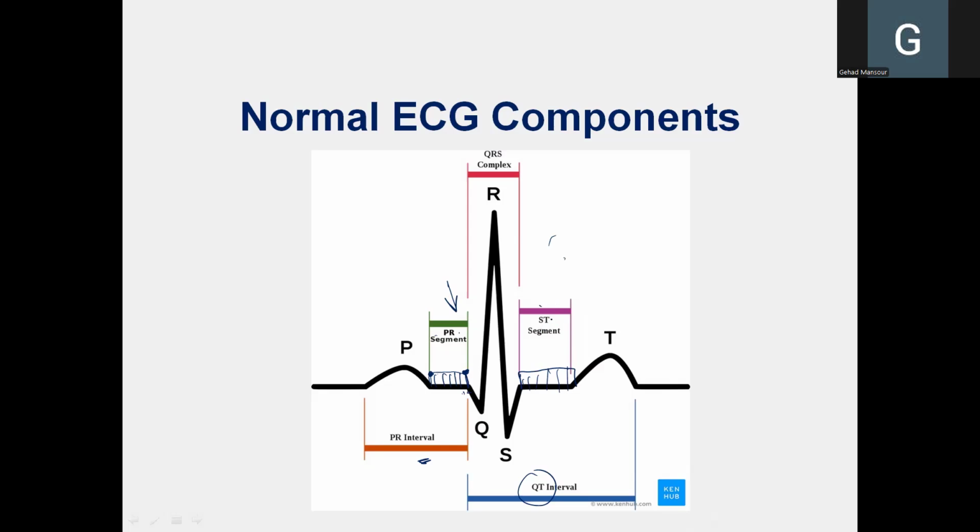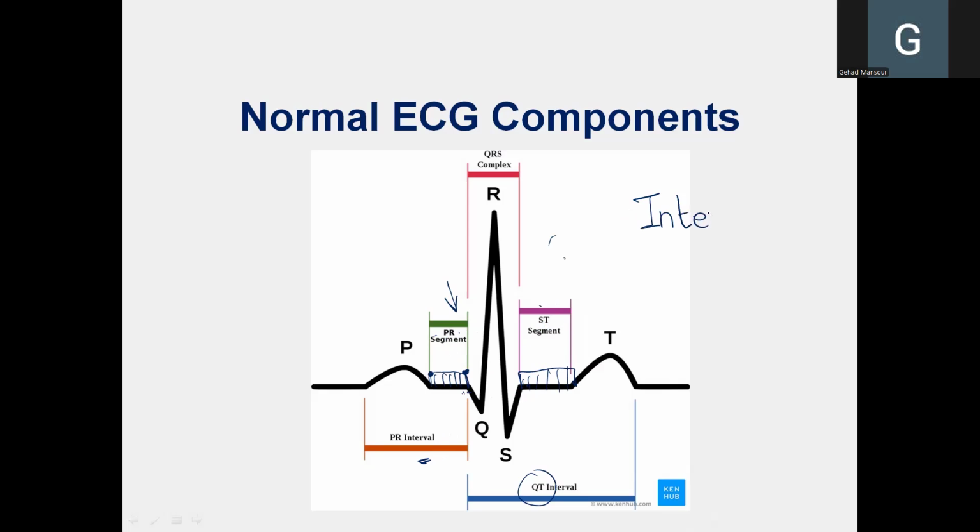The nomenclature sounds logical because it starts at the end of the S wave and ends at the beginning of the T wave. But in addition to those segments, which are the PR and the ST segments, we have the intervals. What's the difference between an interval and a segment?